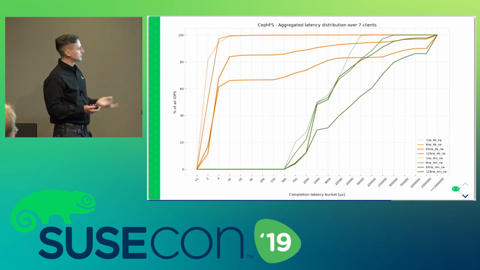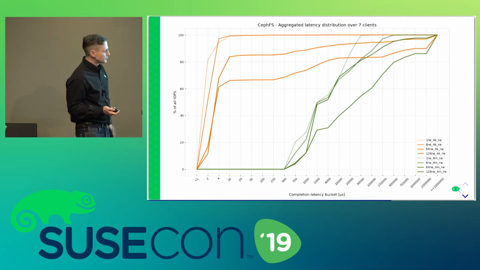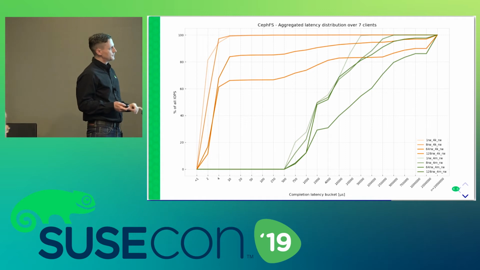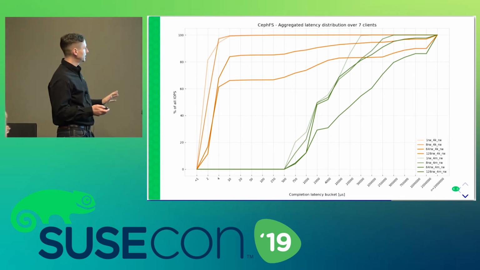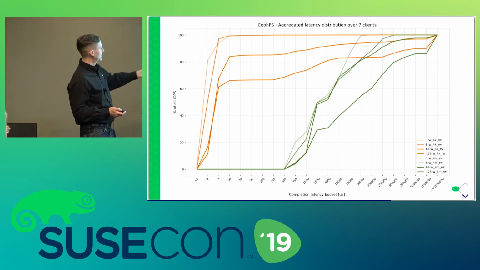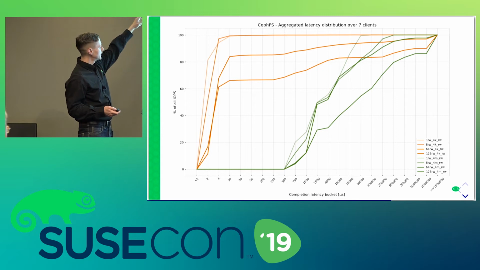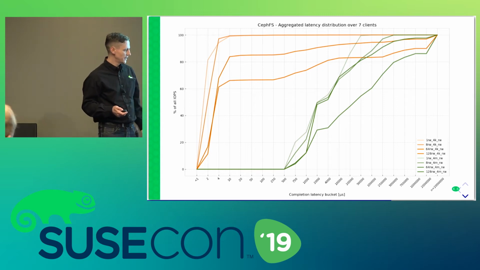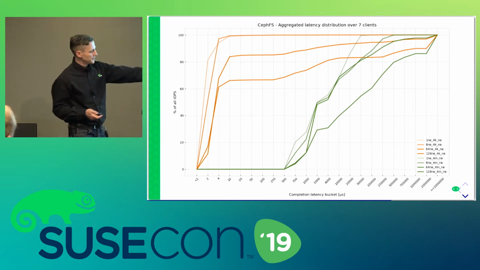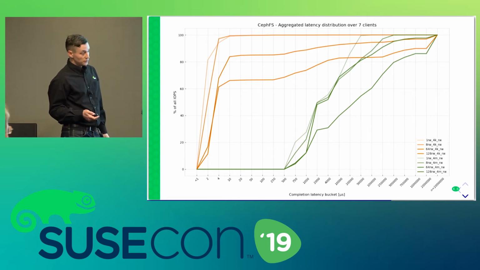And latencies, also nothing terribly surprising. Something went wrong with my colors here. This is a completion latency distribution. We have the percentages of I/O ops on the Y scale, and X is the completion latency bucket. The very far one down there is over 2 seconds.